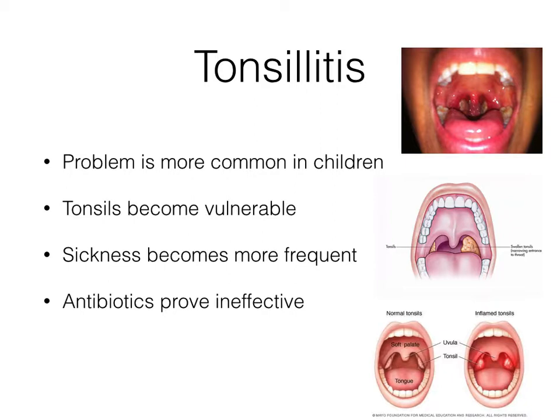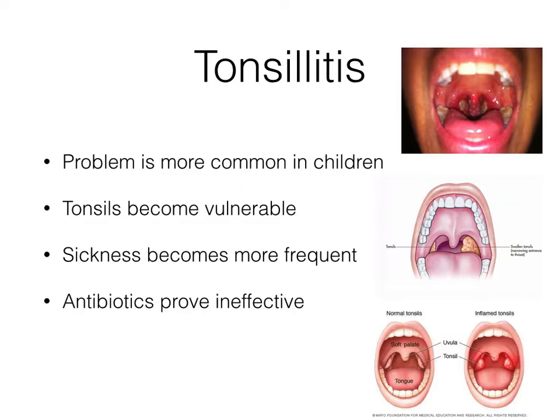So what is tonsillitis? I talked about that. That's a very key factor that results in tonsillectomy. The problem is more common in children because the tonsils in relation to the immune system are significantly more active before puberty. With tonsillitis, the tonsils themselves become very susceptible and vulnerable to infection.